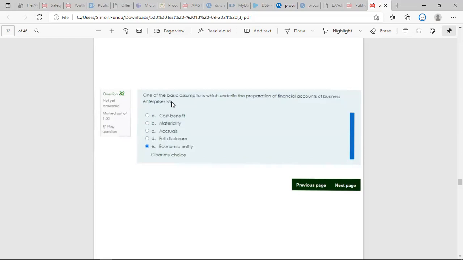One of the basic assumptions which underlie the preparation of financial accounts of the business enterprise is cost, benefit, materiality.